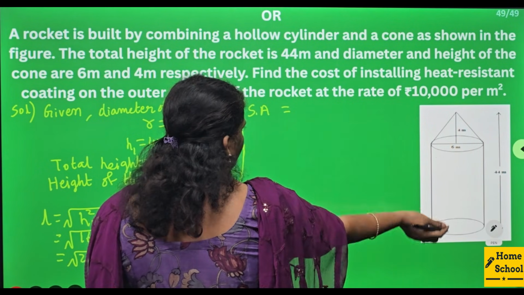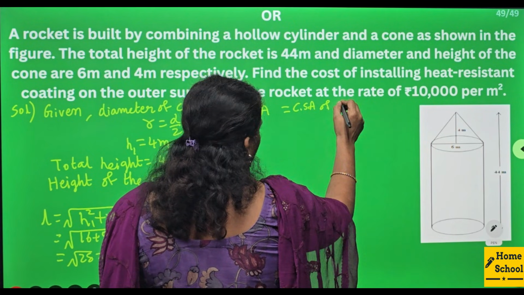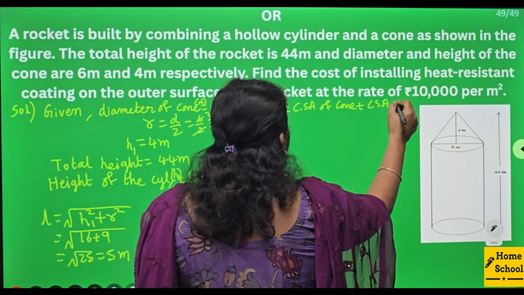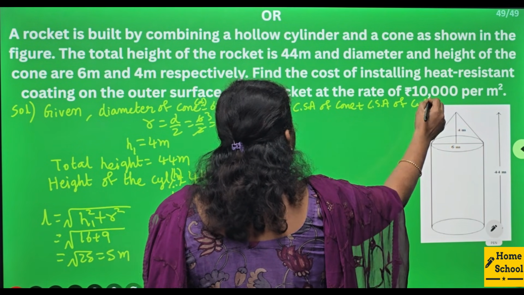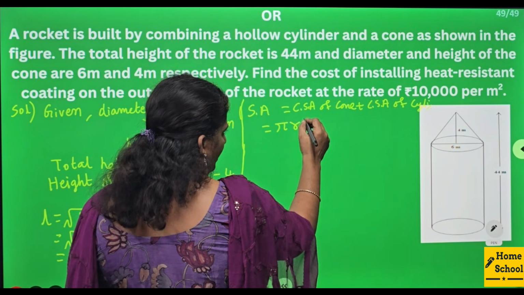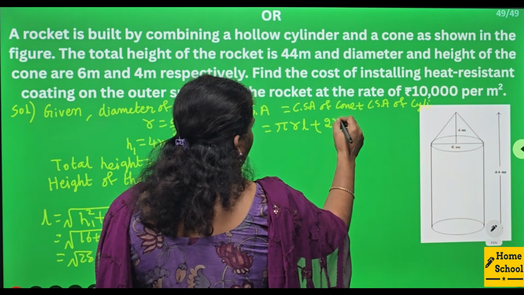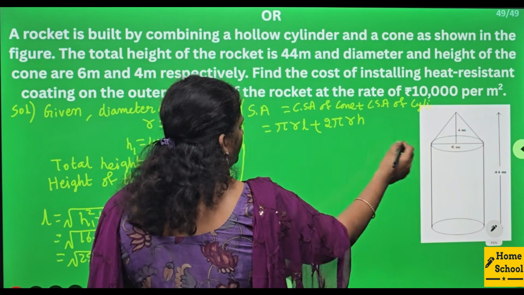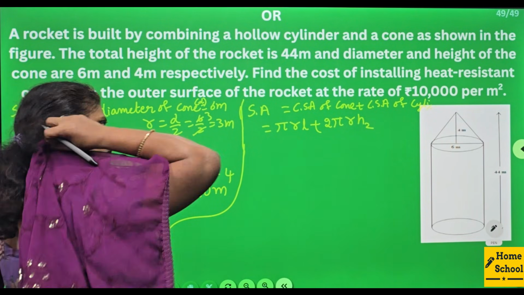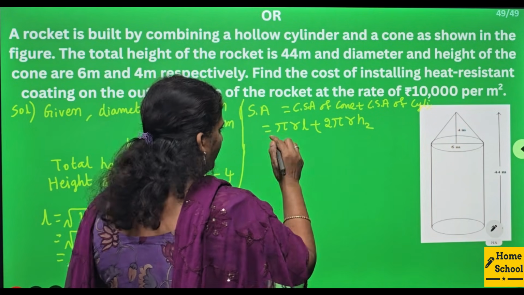Surface area of the solid is CSA of cone plus CSA of cylinder. Formula: CSA of a cone is pi r L, whereas CSA of a cylinder is 2 pi r h. Here the cylinder height we have taken as h2, whereas r is the same, no need of taking r1, r2, simply r you can write.